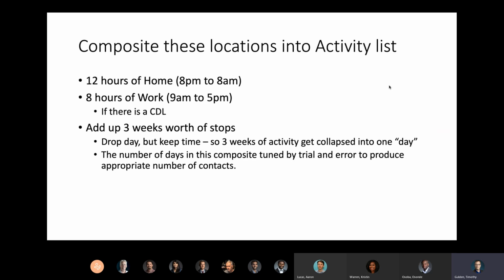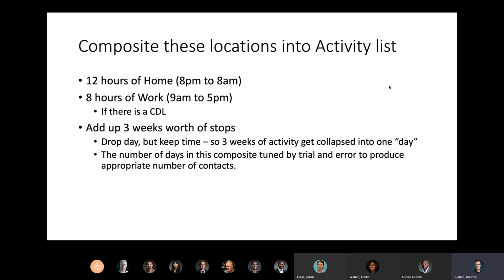The synthetic data was designed by people who study people's movement all the time, so we're guessing that's about right. We composite days until we get about the right ratio, about the right number of contacts.